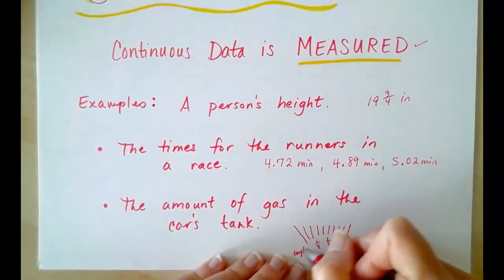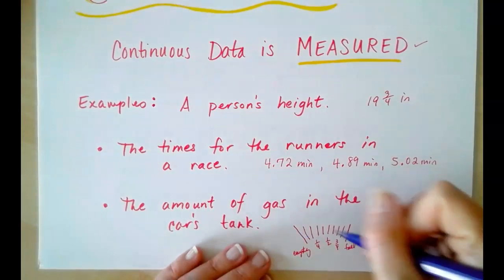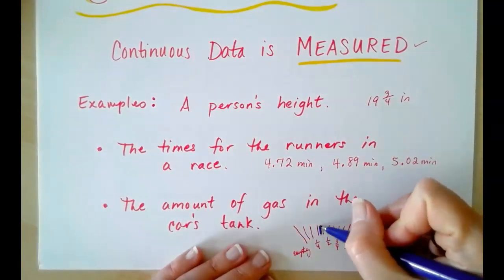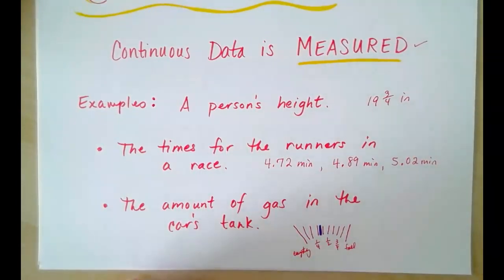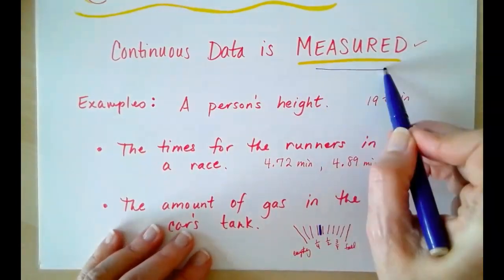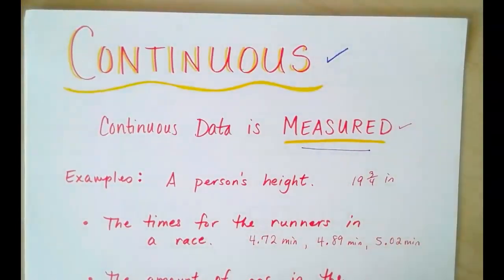Here's empty. That little meter could be anywhere on that particular gauge. Maybe the meter is showing right here. That's in between a quarter and half. But if it can be measured, we say that it is continuous data.